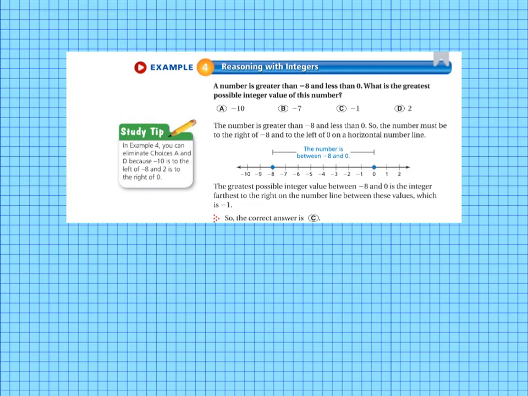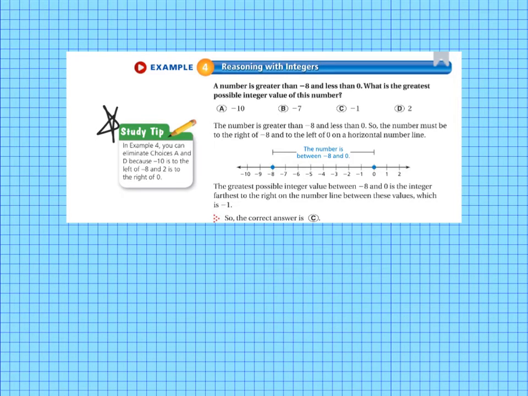Example 4 is reasoning with integers. A number is greater than negative 8 and less than 0. What is the greatest possible integer value of this number? Here's a study tip off to the left. It says we can eliminate choices A and D because negative 10 is to the left of negative 8 and 2 is to the right of 0.